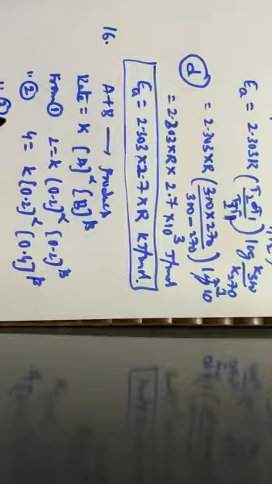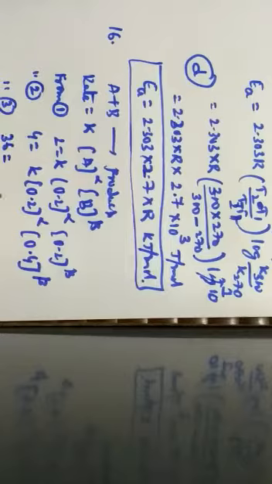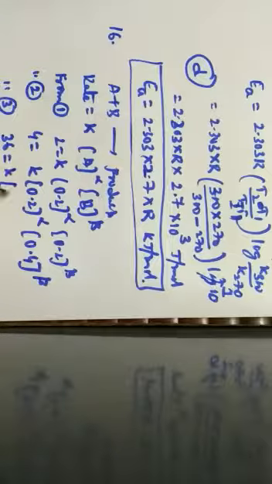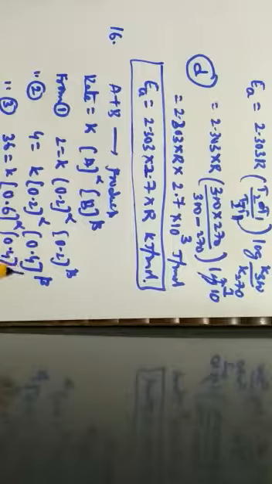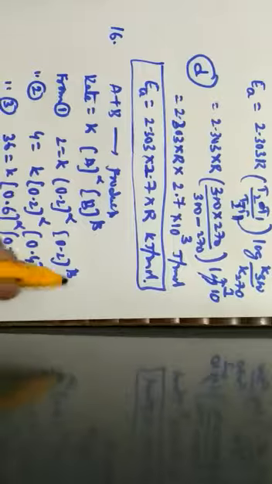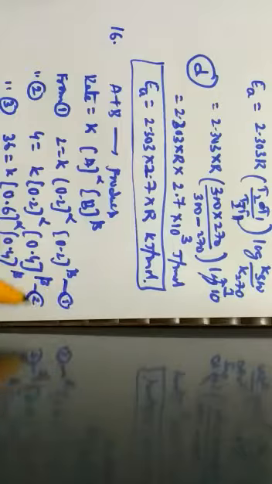And from the third data, 36 is equal to K into concentration of A, 0.6 raised to alpha, and B, 0.4 raised to beta. I call these equation 1, equation 2 and equation 3. So they are asking us to calculate the rate law expression.